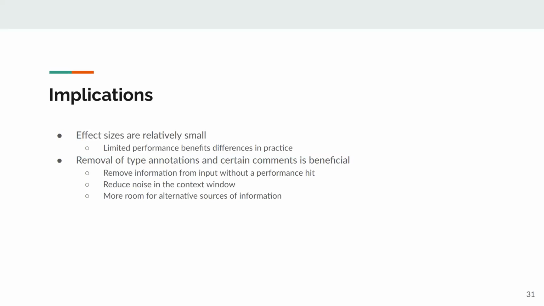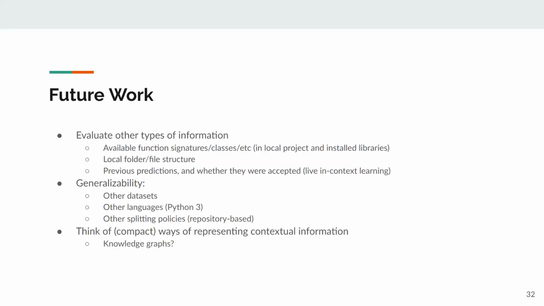So moving on. Future work. If we look at the results, there's still a lot of other work you can do aside from the things that were mentioned that we can control for. We can also consider many other types of information.